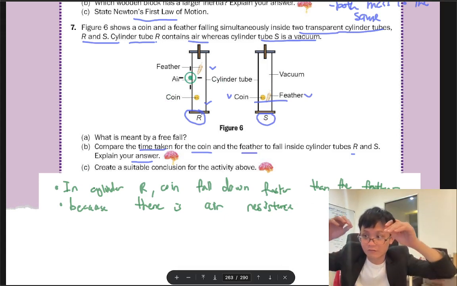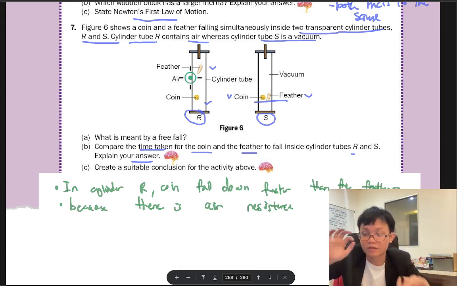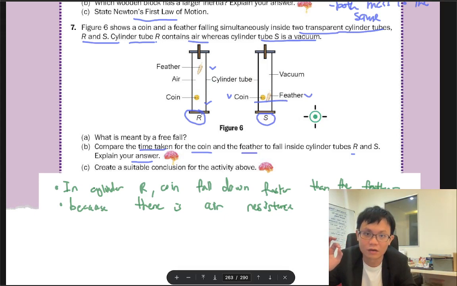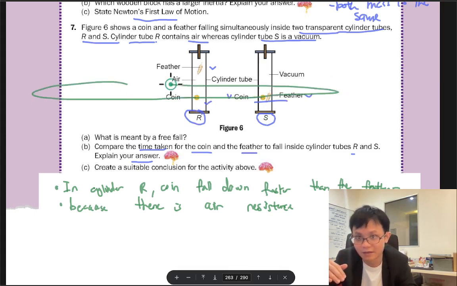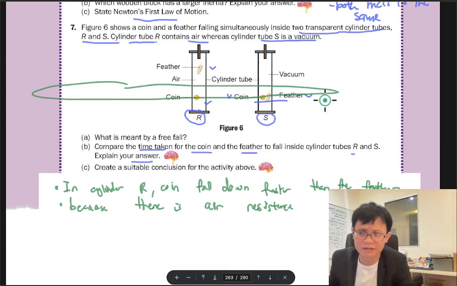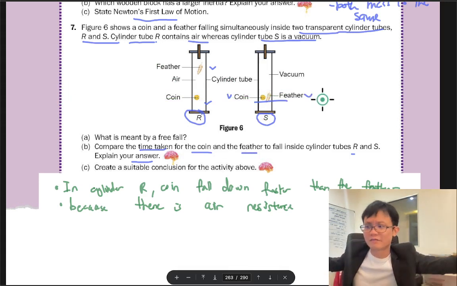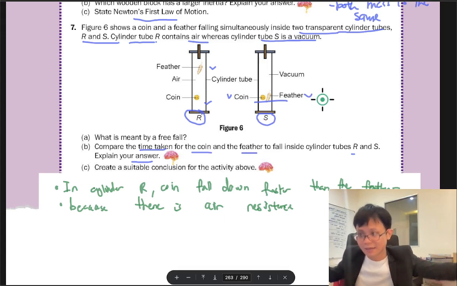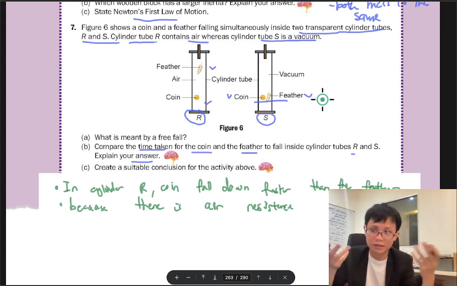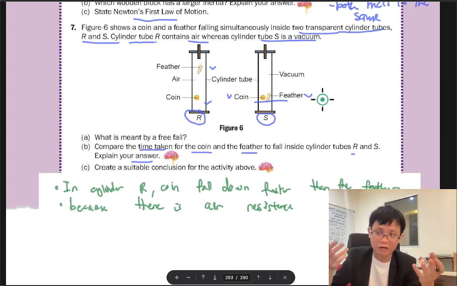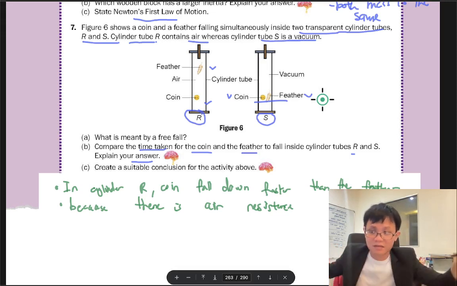The coin will fall down very fast because it has a smaller surface area. If I want to make this coin very big, the coin will also fall down very slowly. You just press the coin until it is like a very big paper, then the coin also falls very slowly, even though the coin has the same mass, but the surface area differs.